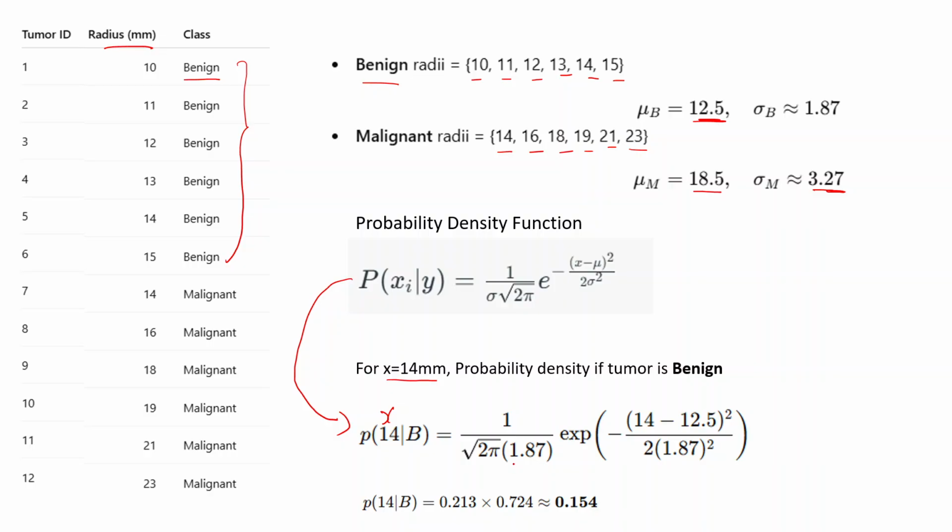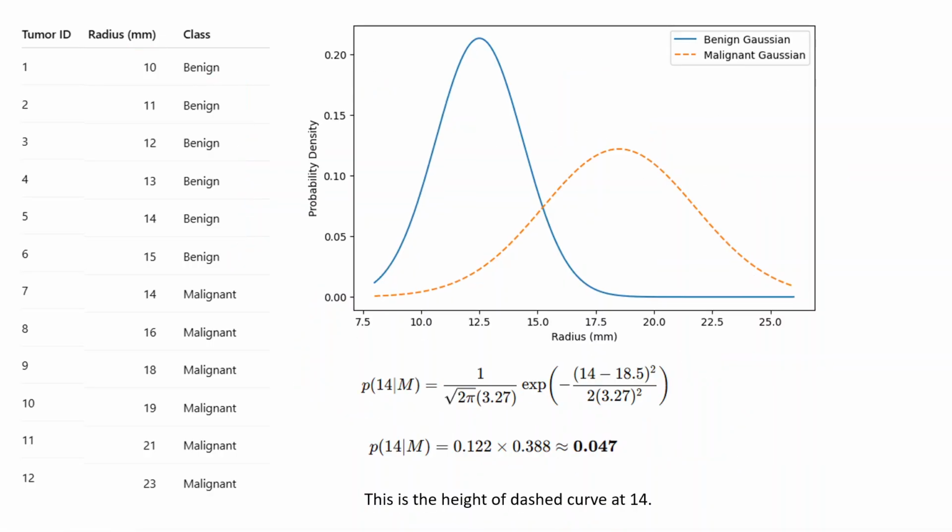For the benign case, we had a sigma value of 1.87 and an average value of 12.5, which is what we have fitted here. When we calculate for the benign case, the value comes out to be 0.154. Similarly, for the malignant case, it comes out to be 0.47.